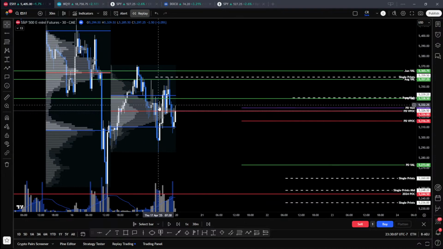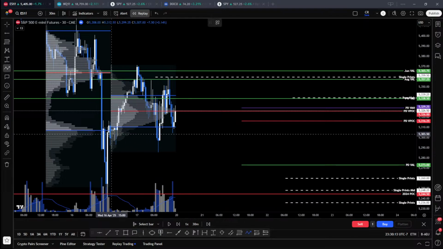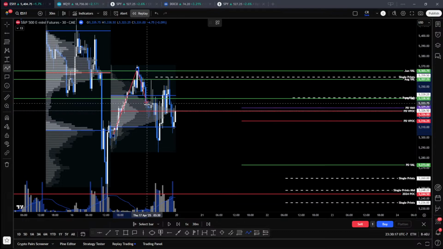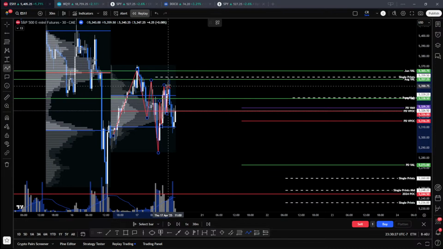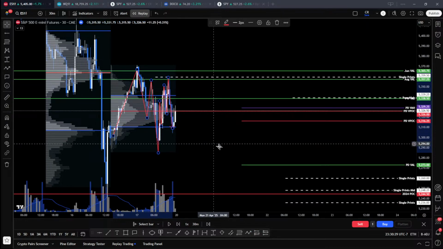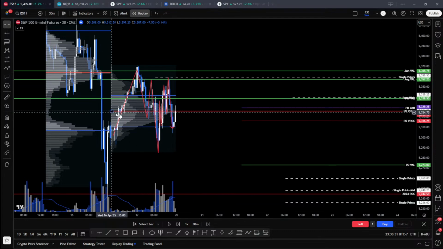When we're looking at our POC, while it's being developed, it has to be touched, right? So on this day, we went through it, came back to it, bounced, back through it, back above it, rejected, back above it, came back to it, and so on. So in this trading day, it was touched a bunch of times.